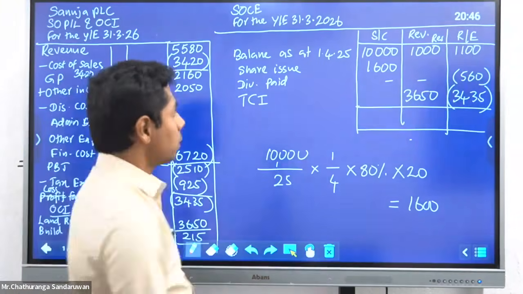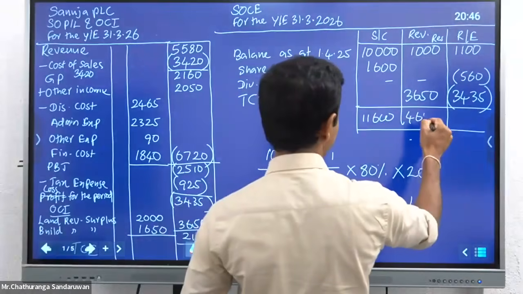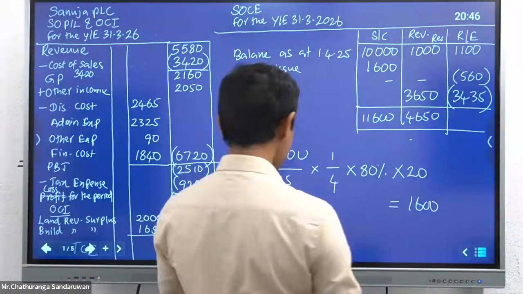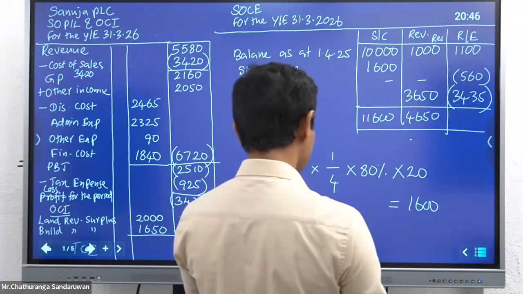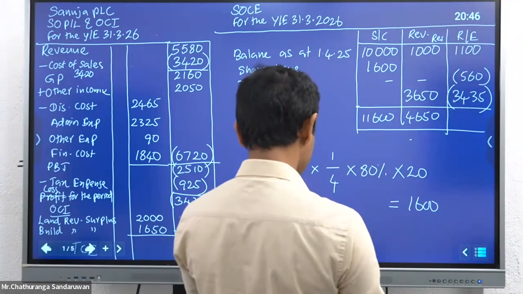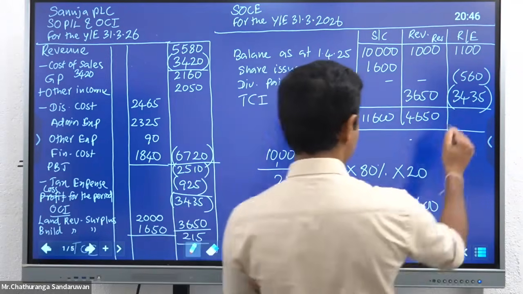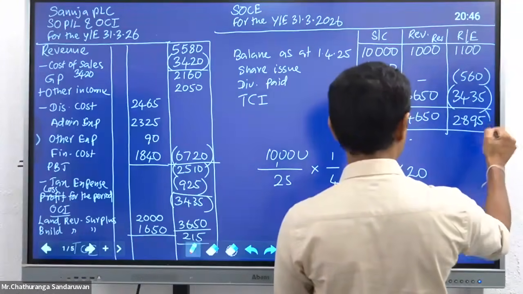All right. So it is 11,600, here 4,650, here 1,100 minus 560 minus 3,435, it's 2,895 loss.